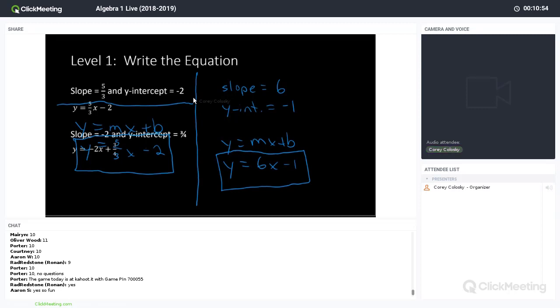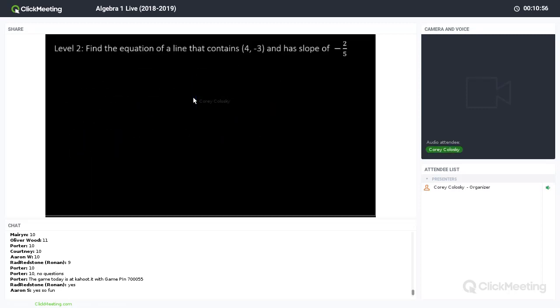All right, level 2. So this one, we're trying to find the equation of a line that contains a point. The point is 4, -3, and the slope is -2/5. Okay, so this one, we're missing the slope, right?